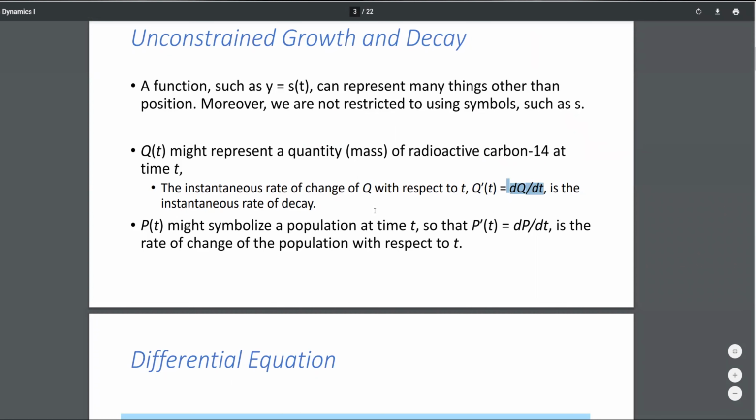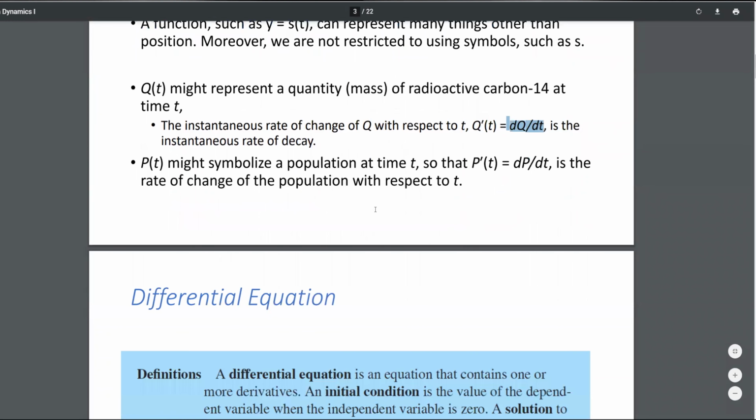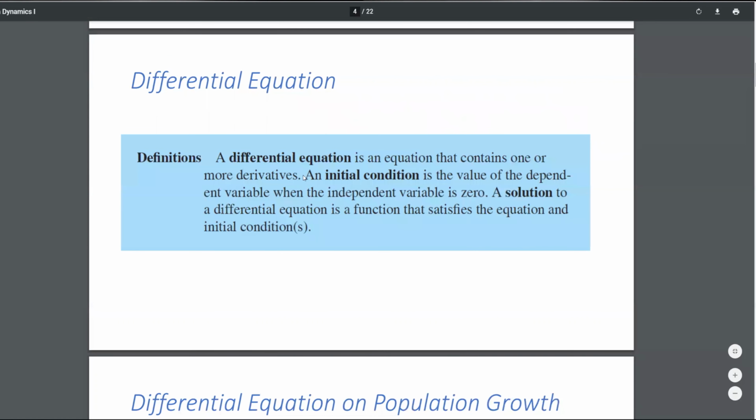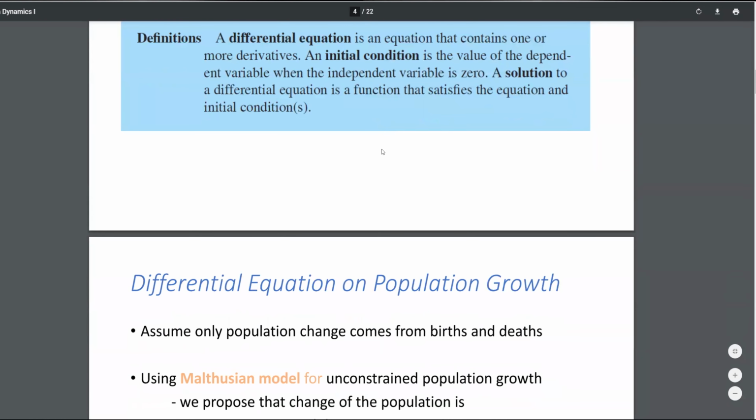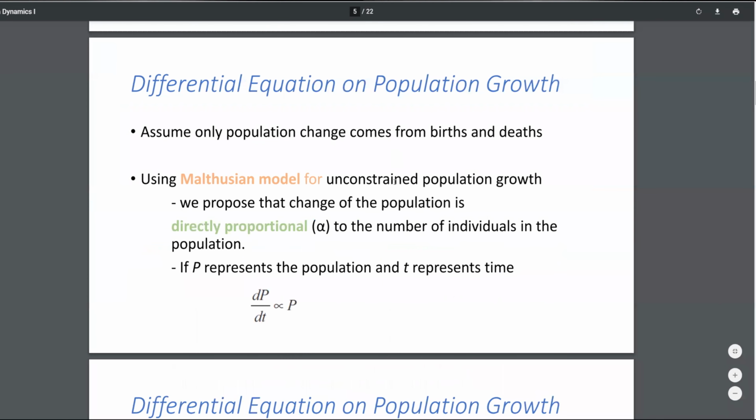Right. So that is a differential equation. I think I covered this last Wednesday before the quiz, though we did not test you on this in the quiz. This is the definition of it, so you can go through the book and understand that.